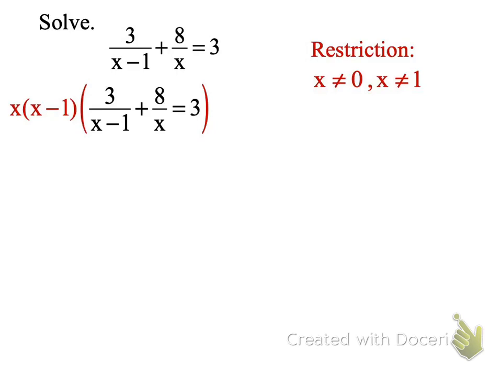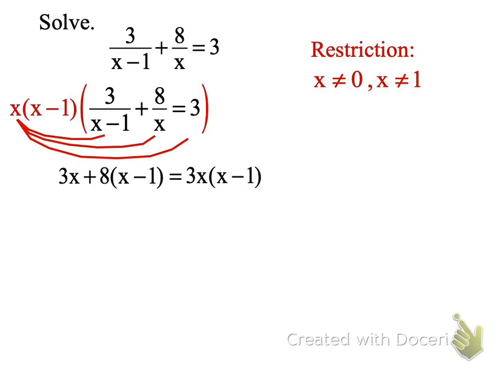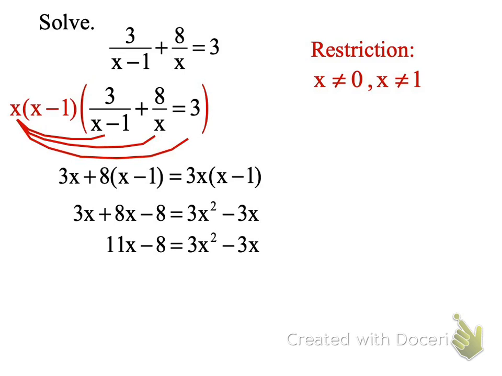And then my common denominator is x minus 1 times x. When you distribute, we should have 3x plus 8 times x minus 1 equals 3 times x minus 1. Did you get there? We double distribute. Should have 11x minus 8.